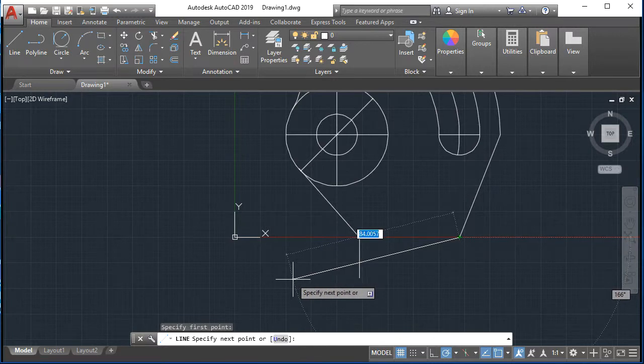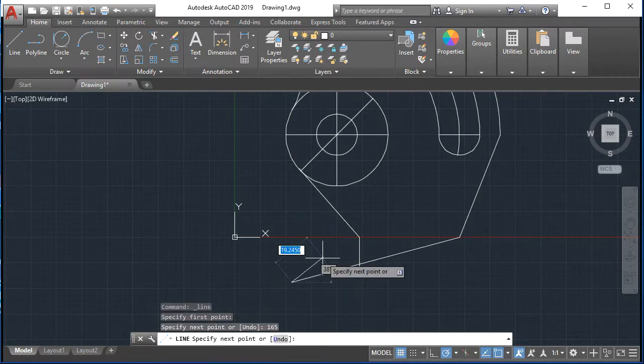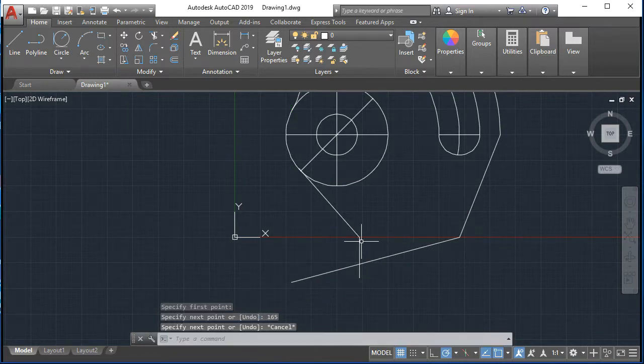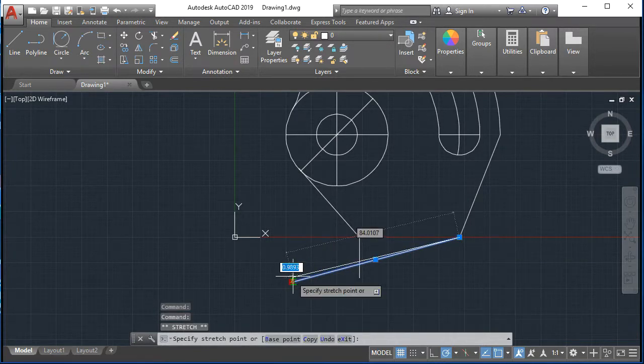We are going to draw the length until here, so 85 is the length and 165 is the angle. So we have one line, and we are going to take another line. I think it is not 165, it is only 160 degrees.